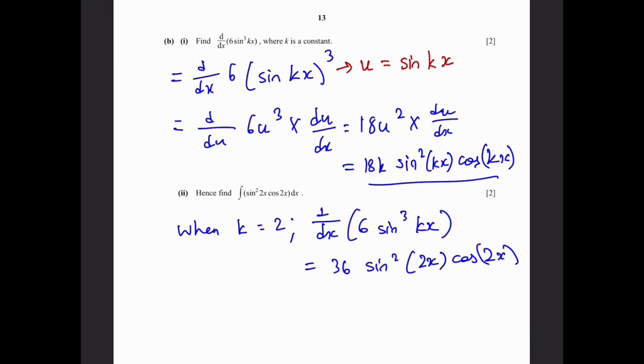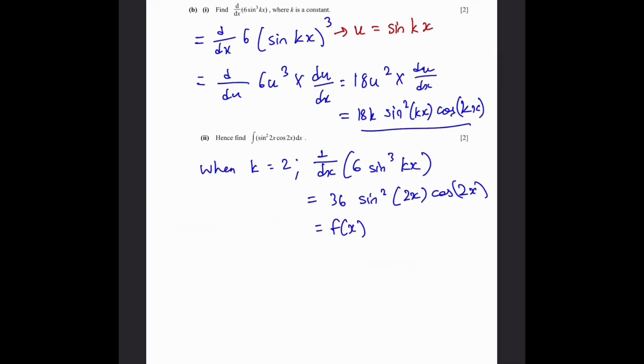So let's just say this is f of x. Take this as f of x instead. I'll tell you why. The integral of sine squared 2x cosine 2x dx is going to be the integral of 1 by 36 of f of x dx, right? And that's the same thing as 1 by 36 times the integral of f of x dx.